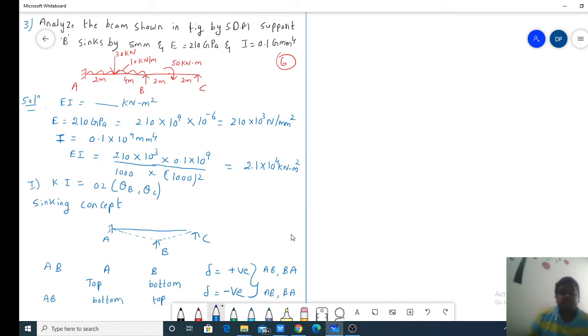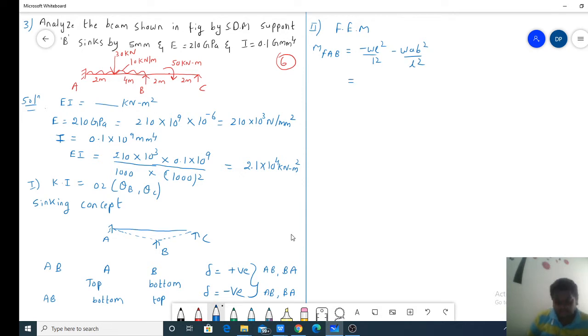Now the second step, as you know, is to calculate the fixed end moment. Here I need to calculate MFAB. So MFAB, due to the UDL, is WL square upon 12, and due to the point load, this will be minus WAB square upon L square.